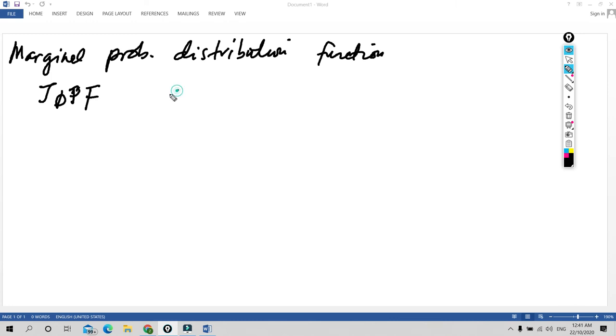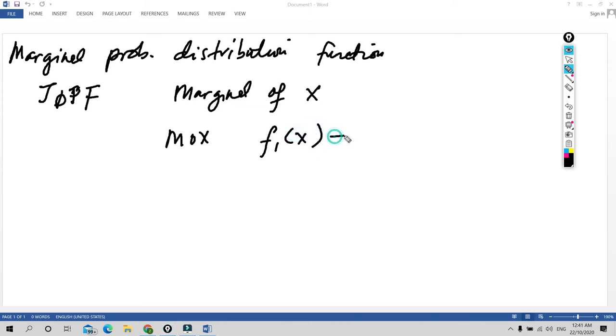The marginal probability of x, or MOX, is written as f sub 1 of x, which is equal to the summation for all y of f(x,y).